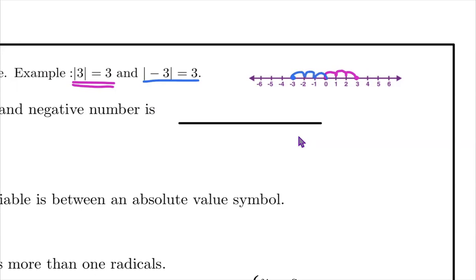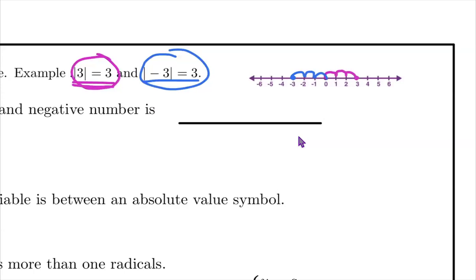But the difference here is that when you're looking for the absolute value of 3, it didn't change anything. Whereas for the absolute value of -3, it's the opposite of -3.